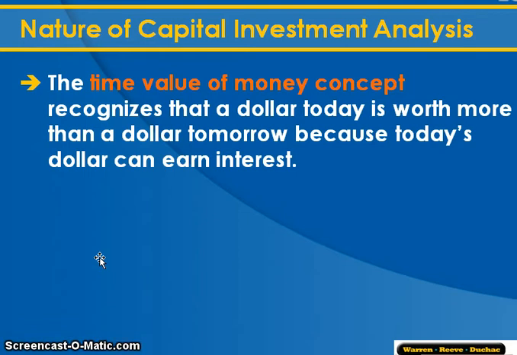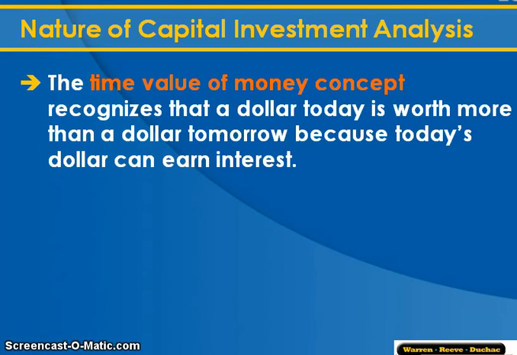What that means is your buying power changes from day to day. So $1 today will buy you a lot more than $1 five years from now. Let's say that $1 today could buy you a loaf of bread. Well, that same $1 five years from now won't buy you a loaf of bread, right? So that's the idea of the time value of money.